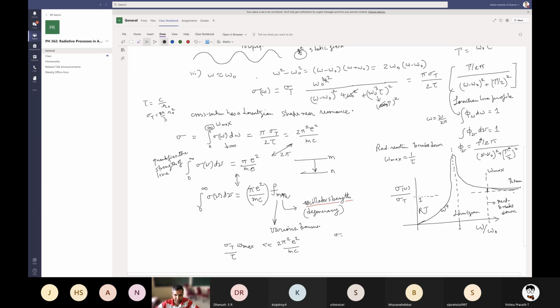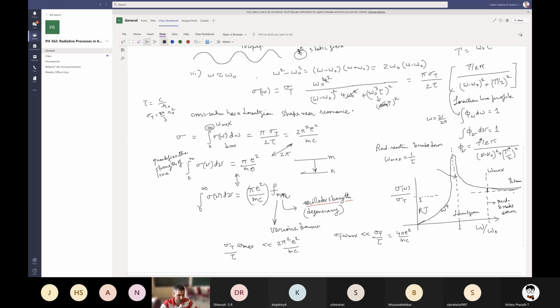So basically the point is sigma t omega max is much less than sigma t by tau, right? Because omega max is where this is valid, and this is nothing but 4 pi e square by mc. Or in other words, this integral is actually dominated by this Lorentzian peak and not by this portion. Of course, if it went out to infinity, it should diverge, but this radiation treatment breaks down.